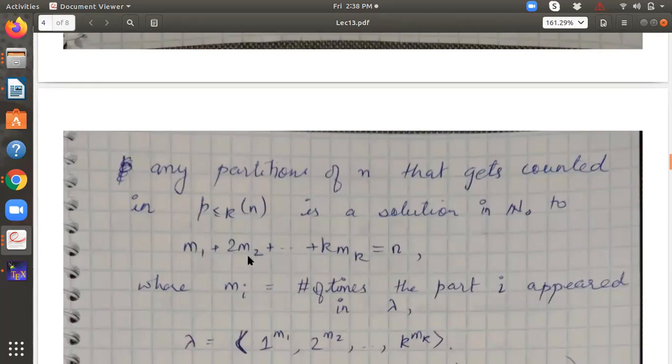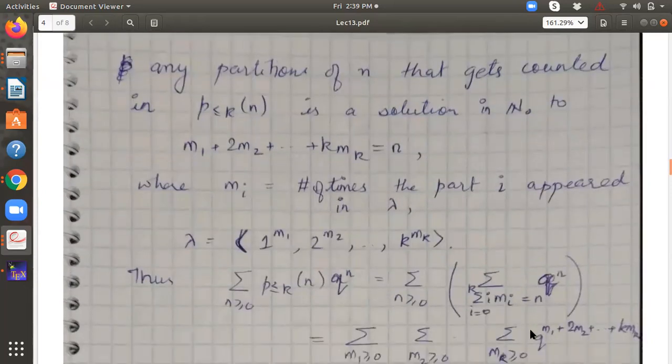Okay. And now any lambda here, which is looking like this, if you remember, we had done this particular notation that something like this equals n, such a partition is written as 1 raised to m1, 2 raised to m2, and so on, k raised to mk. Correct? Yes, sir. So now we have shifted to multisets, right? Great.